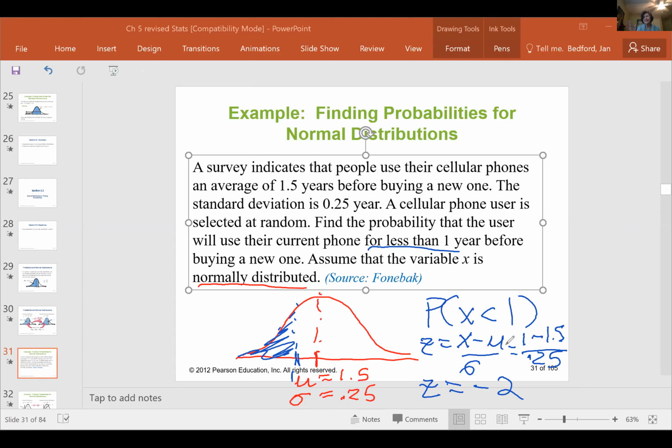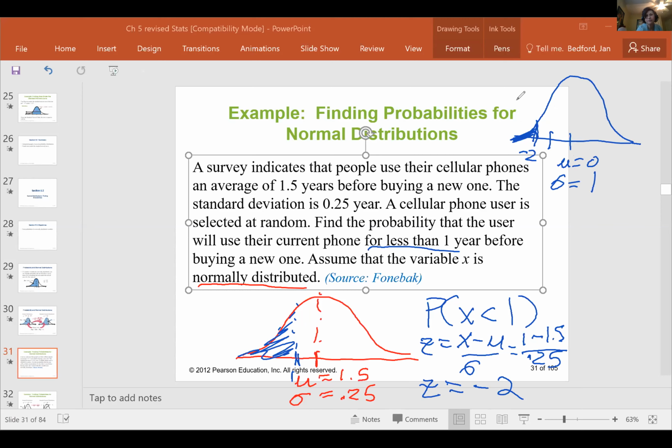Now, what that tells me is if this thing was standardized, same bell-shaped curve, but I set the mean to be 0 and the standard deviation to be 1, then I'm actually over here at -2, and I want the area to the left of -2.